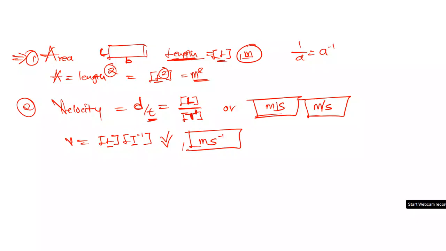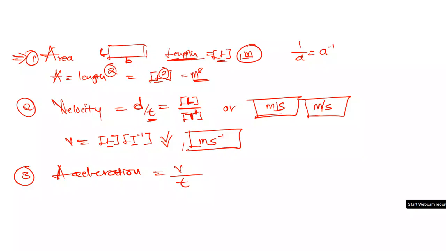The other quantity we can talk about is acceleration. Acceleration is defined as the rate of change of velocity over time. So it's just the velocity over time. We already know the dimension for velocity.